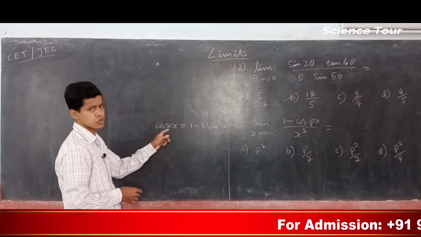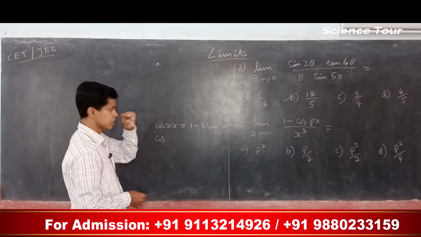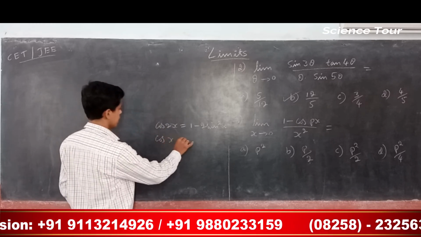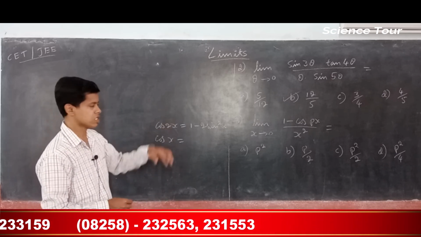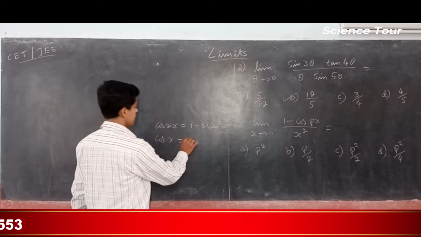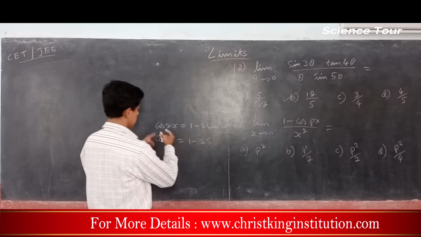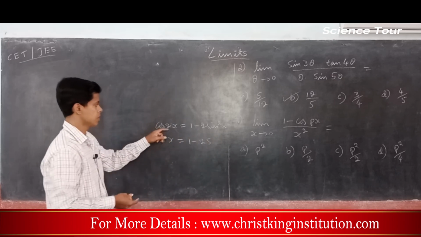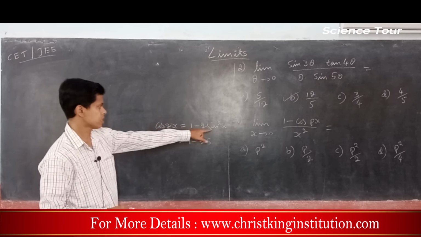In place of 2, you have p, correct? P is a constant. We will use that later. Now, what is cos x? 1 minus 2 sin square x.